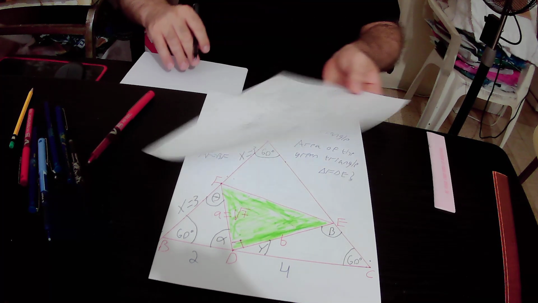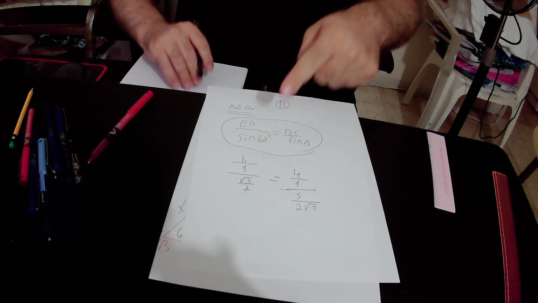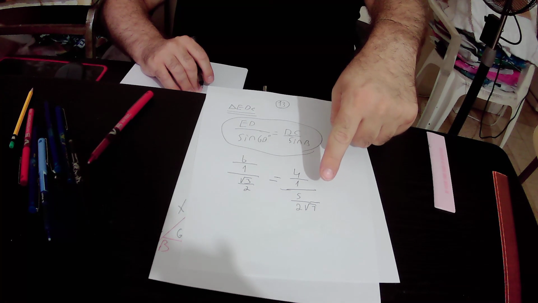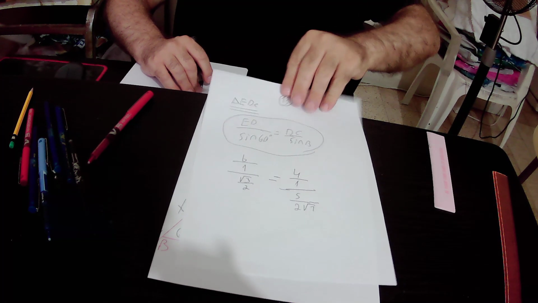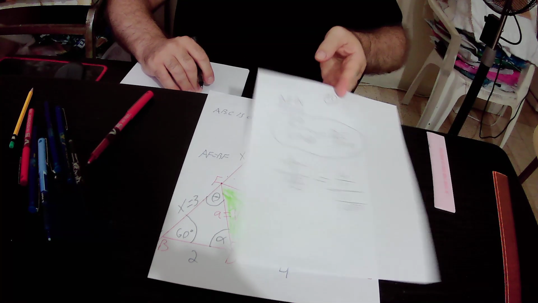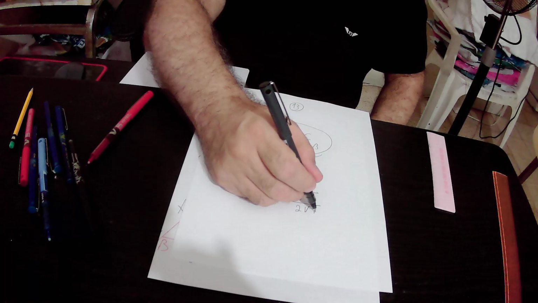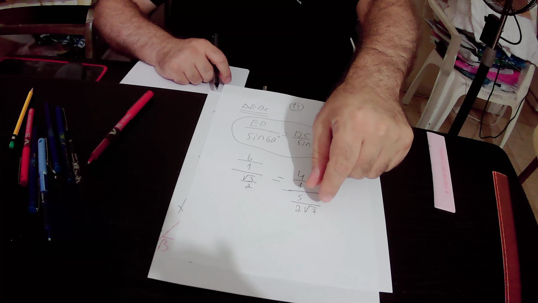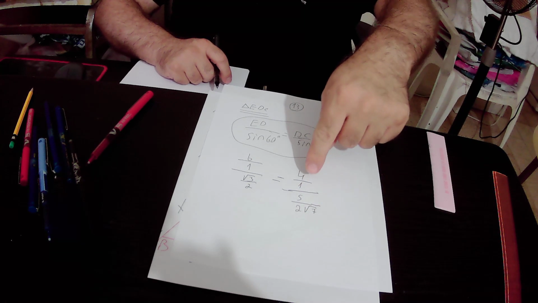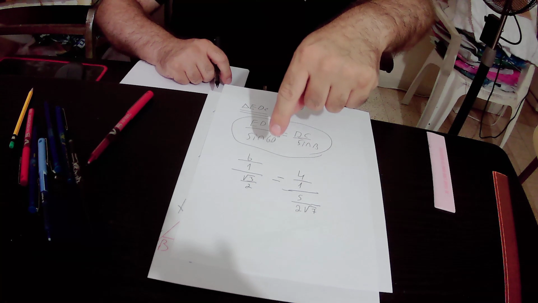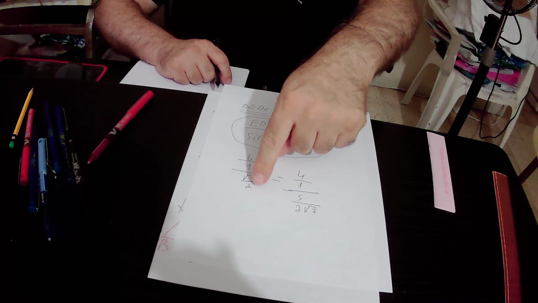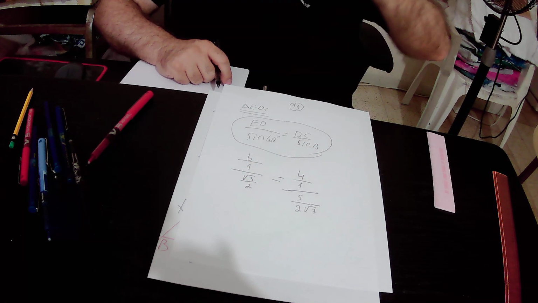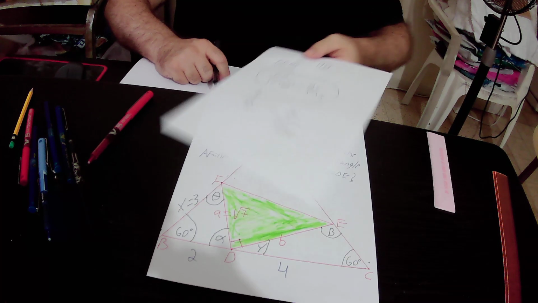So in total we got that B over root 3 over 2 equals to 4 over 5 over 2 times root 7. Here we will move 2 times root 7 to the numerator and 5 to the denominator, and we will move 2 of this expression to the numerator and root 3 to the denominator.